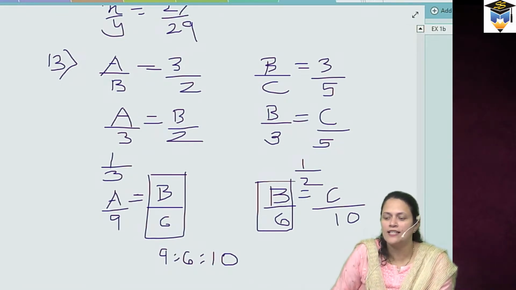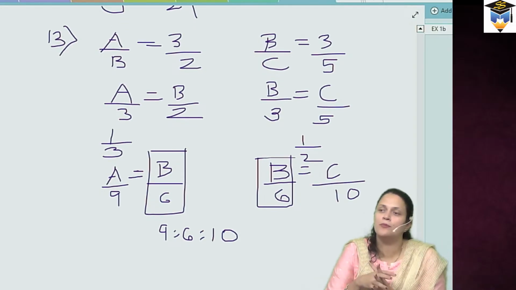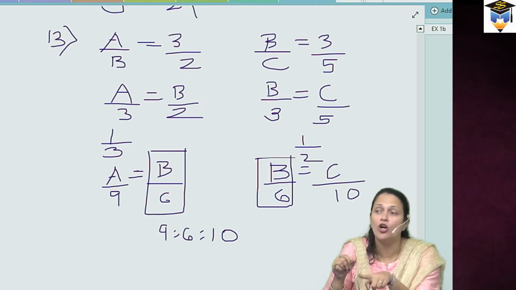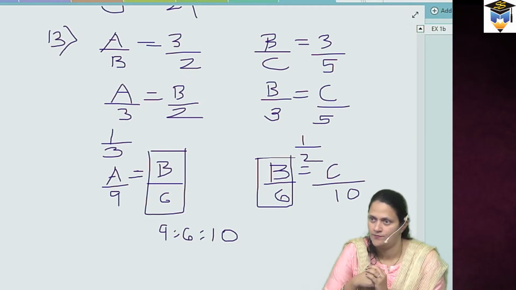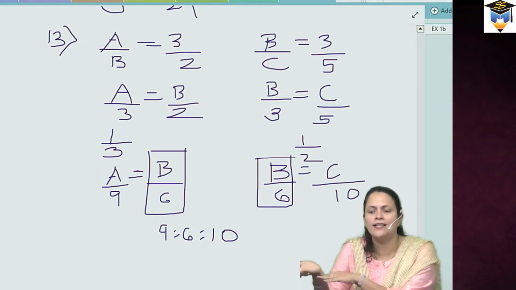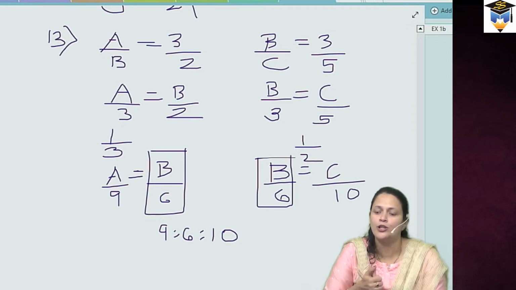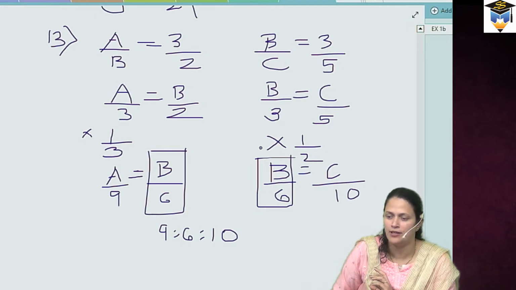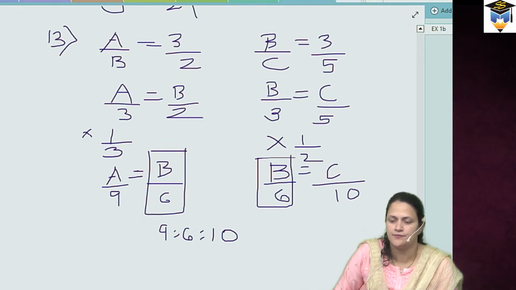Ma'am, how do we decide which number to multiply? Find out such a number that you get something common between them. So that is why I multiplied the first ratio by 1 by 3 on both sides, and the next one by 1 by 2 on both sides.